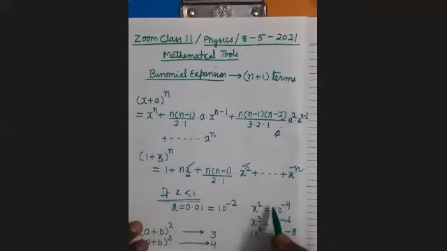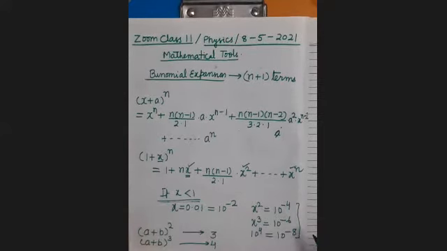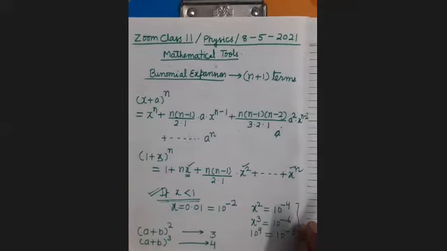then the terms containing higher powers of x will become more and more smaller. All of you remember this thing. They become smaller and smaller, their value keeps getting smaller.